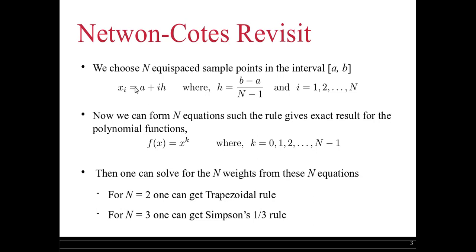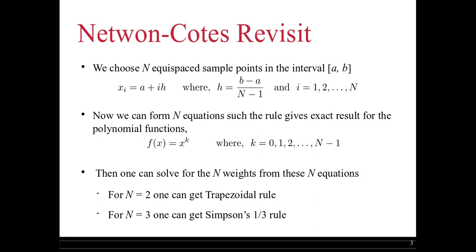Now you can form n equations such that the rule gives you the exact result for the polynomial functions f(x) equals x to the power k, because you have n unknowns: you know all the sample points xi's, but you don't know the weight factors. How many weight factors are there?